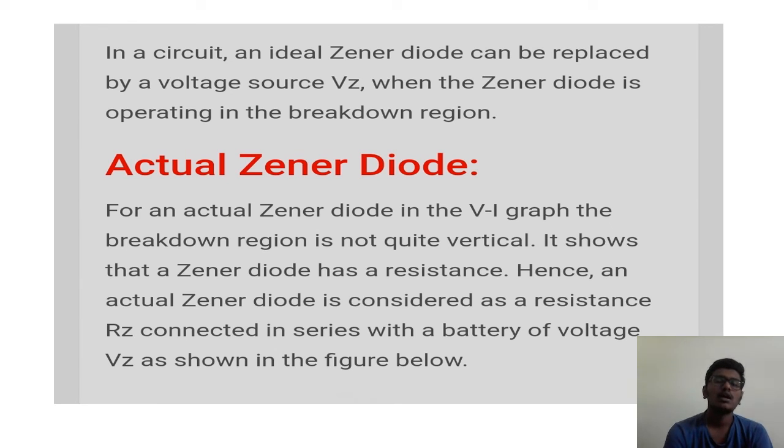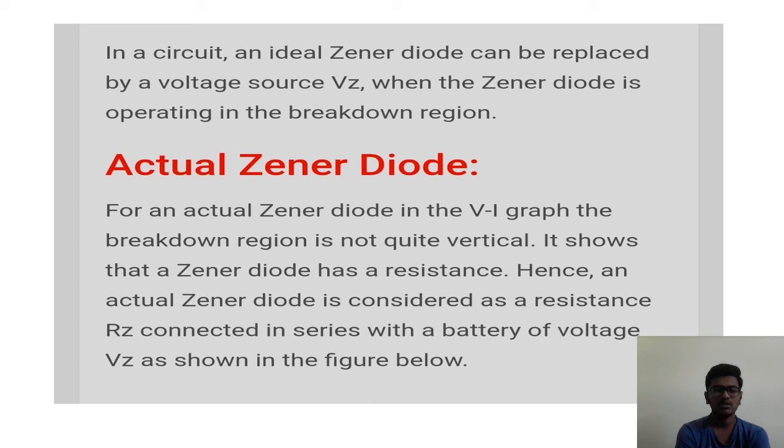In a circuit, an ideal Zener diode can be replaced by a voltage source Vz when the Zener diode is operating in the breakdown region. Actual Zener diode: for an actual Zener diode in the VI graph, the breakdown region is not quite vertical. It shows that a Zener diode has a resistance.